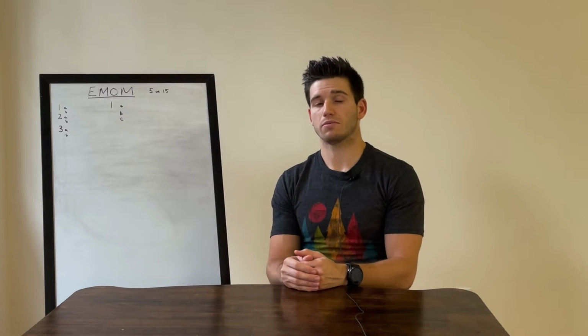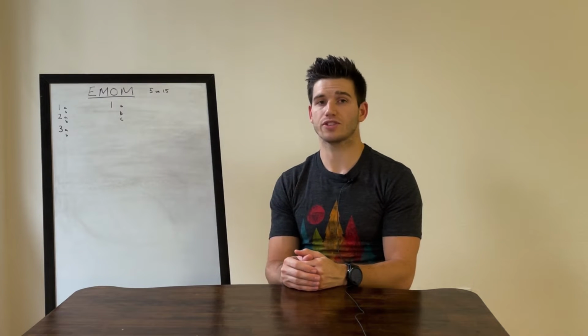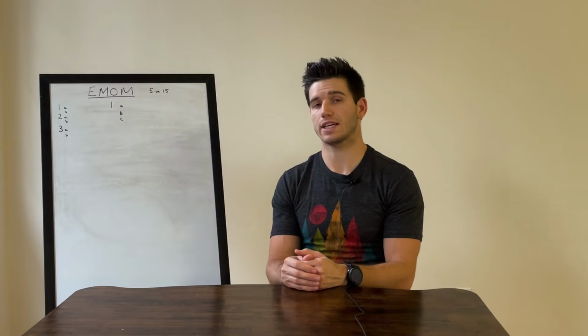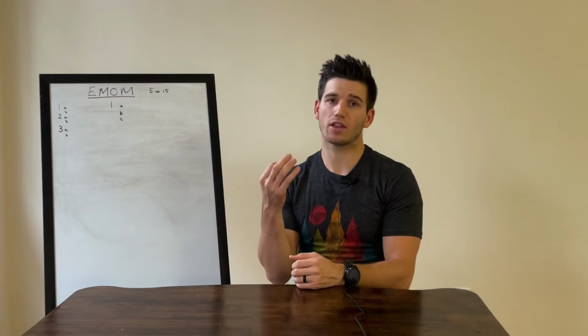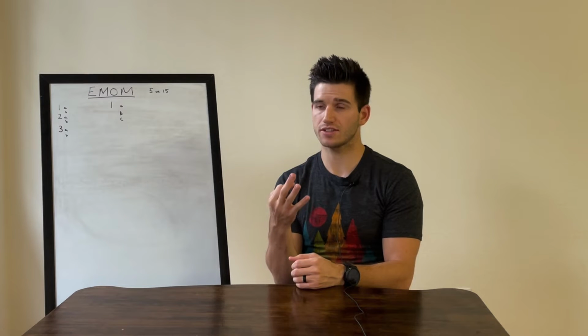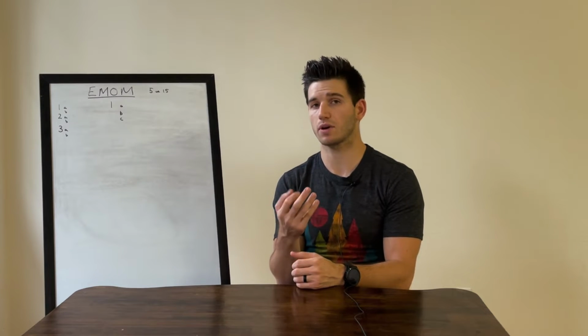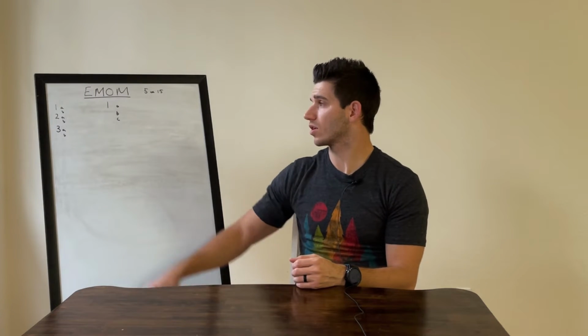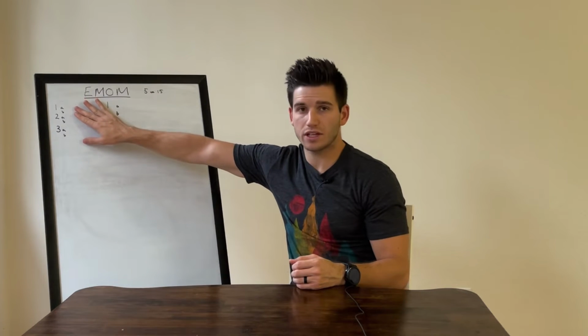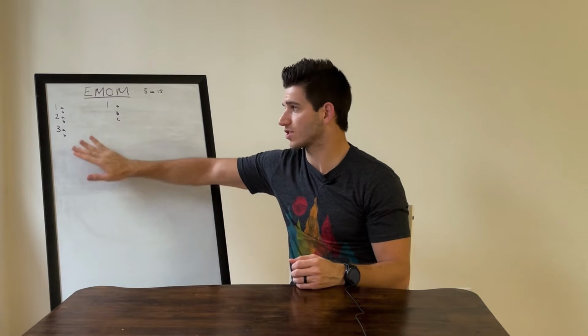With EMOMs, you need to make sure that you're paying attention to the notes section, because that will help you break it down. So for instance, if you see an EMOM with 3 different exercises, this can be set up a couple different ways. Let's say there were 6 exercises.